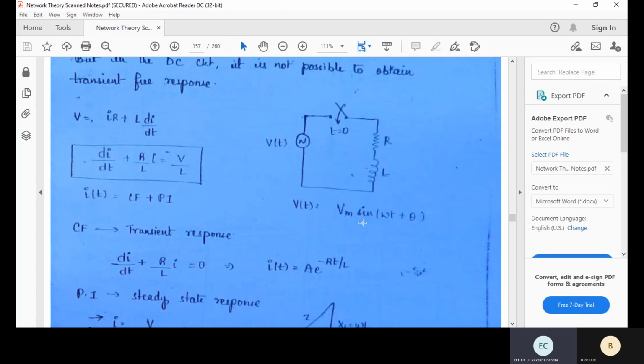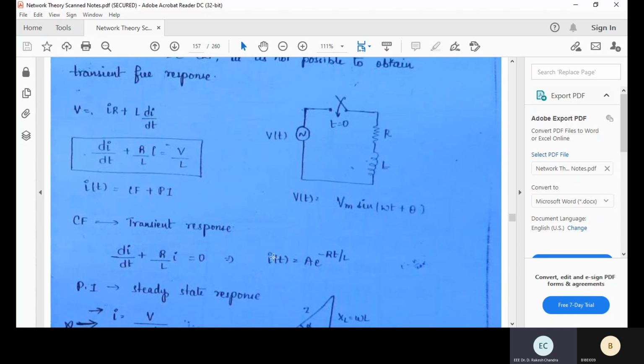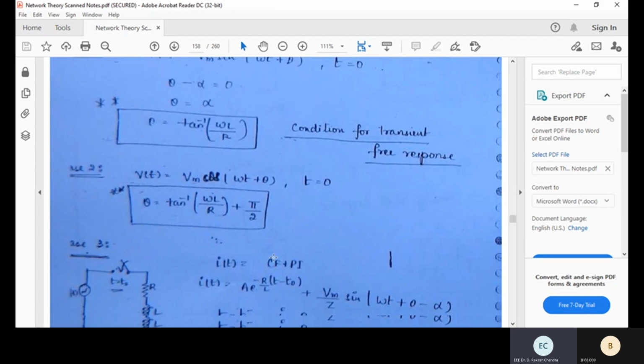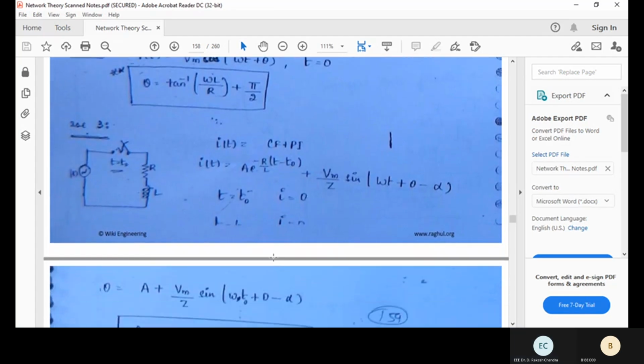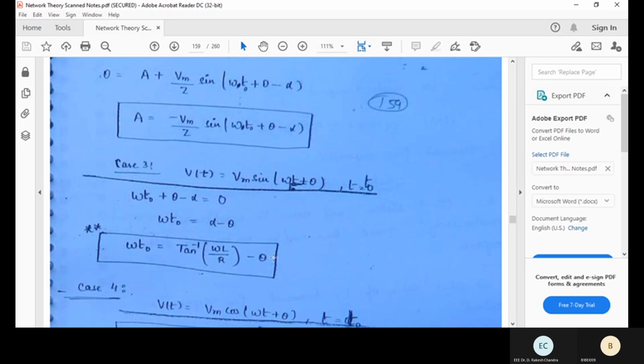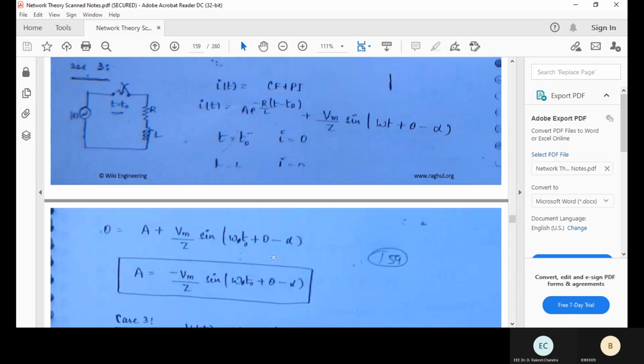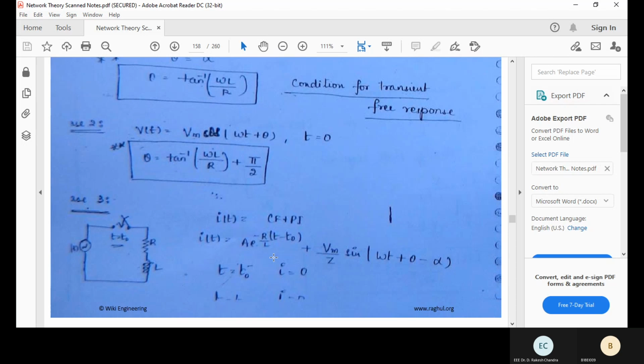Actually we have taken the supply as a sine component, but if we have the cos component, then what happens? Then θ is equal to tan inverse of Lω by R plus π/2. Why plus π/2? Because the phase angle difference between sine and cos is another 90 degrees. If you use the sine wave, it is tan inverse of Lω by R. If you use the cos, then it is tan inverse of Lω by R plus π/2.